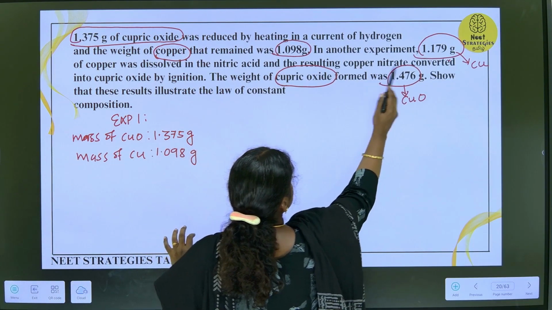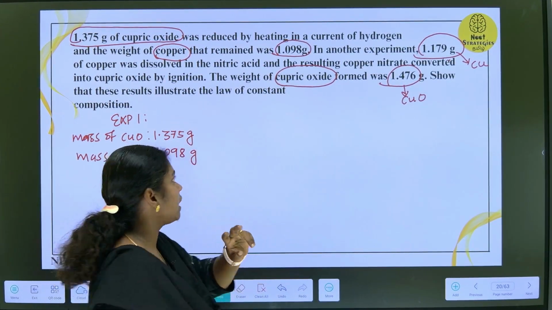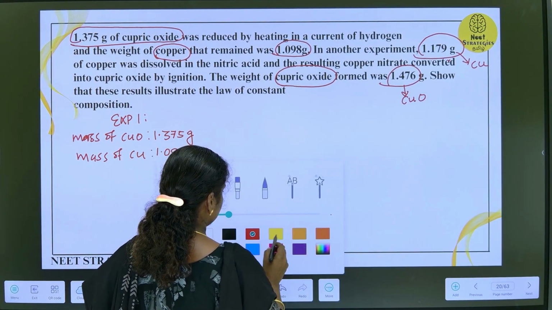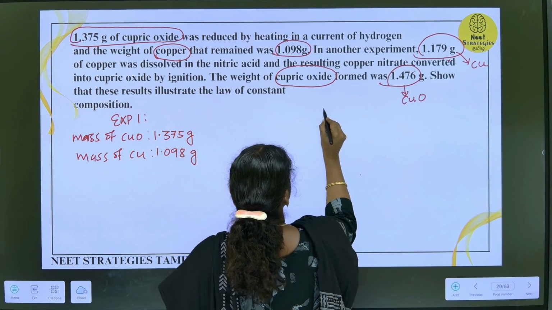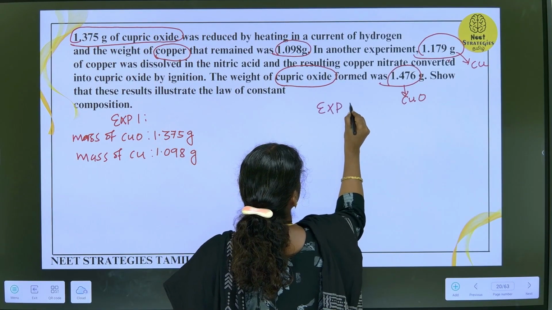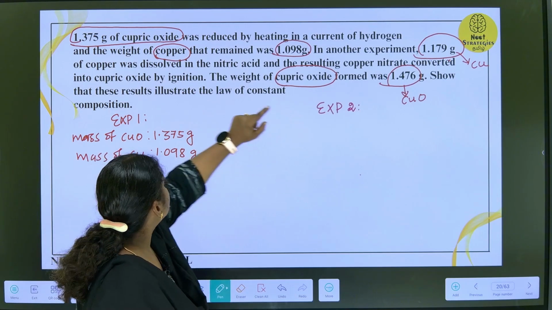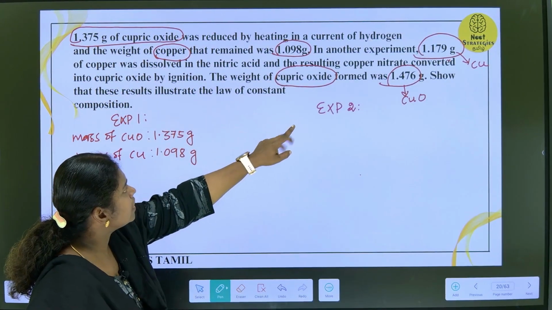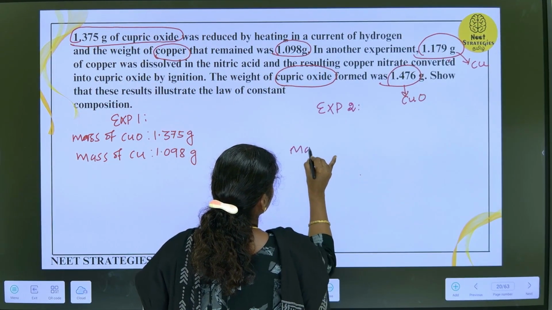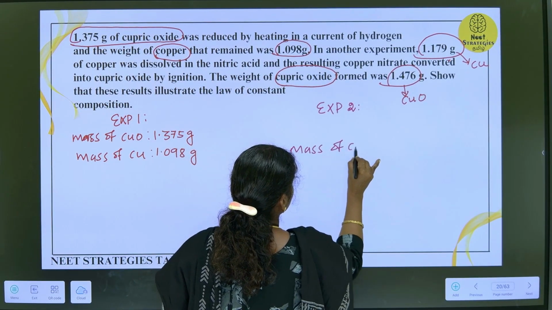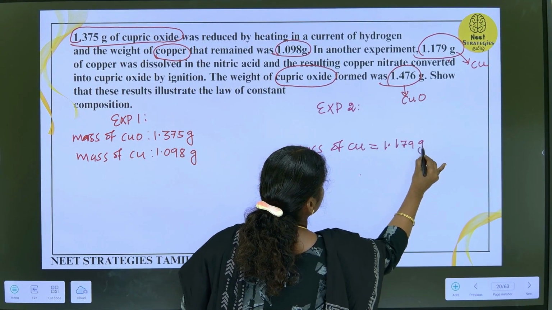Okay, so then move on to the next line பாருங்க. And another experiment, experiment number 2. Okay, another experiment, I will change the color. Experiment number 2, ஓகேங்களா, இந்த experimentல நாம என்ன கொடுத்திருக்காங்க? It is 1.179 gram of copper, ஓகேங்களா, அப்ப mass of copper எவ்வளவு கொடுத்திருக்காங்க? 1.179 gram, ஓகேங்களா.